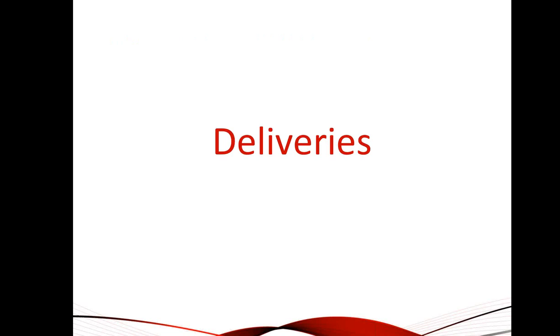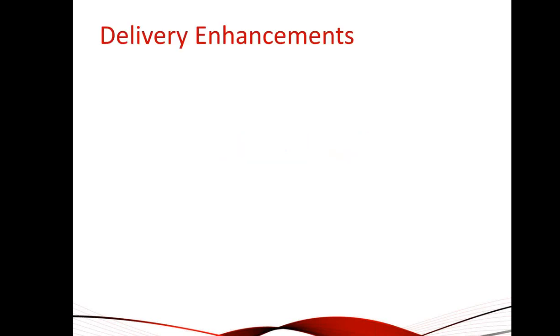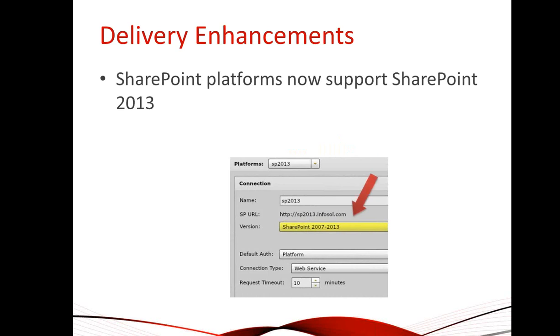This next section is very quick, just a few enhancements to deliveries. The first one is support for SharePoint 2013. It's kind of a catch-all: when you create the platform, you just select SharePoint, and the 2007 to 2013 just means we support basically all current versions of SharePoint.